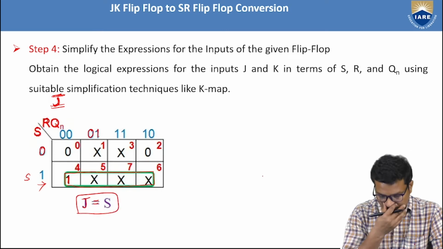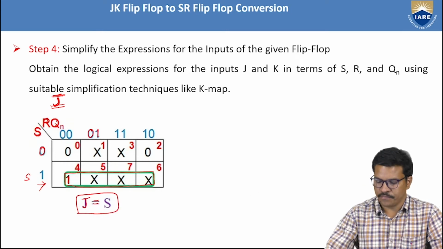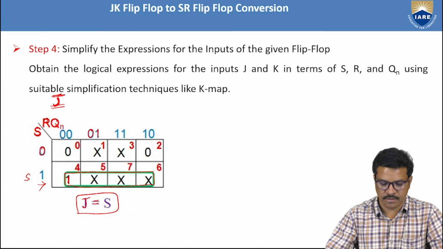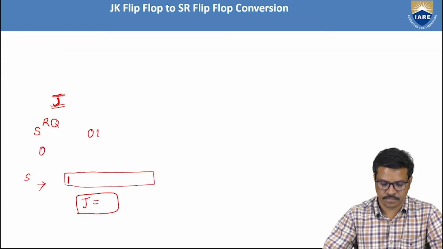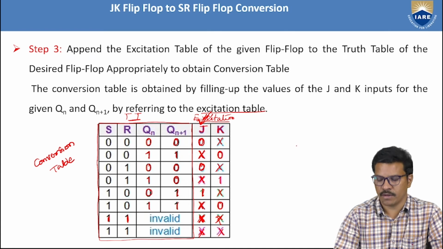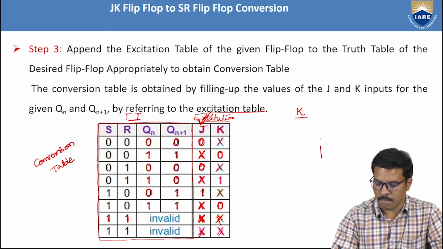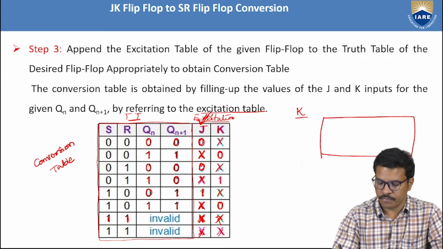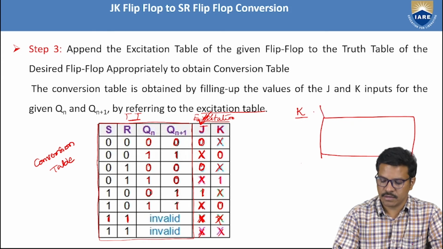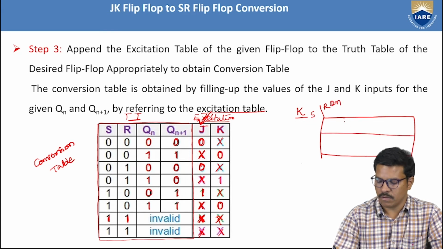And then if you take this K in the previous slide, in order to get that K, take the 3-variable K-map, S, and RQn, with the 00 01 11 10 combination for the K-map.